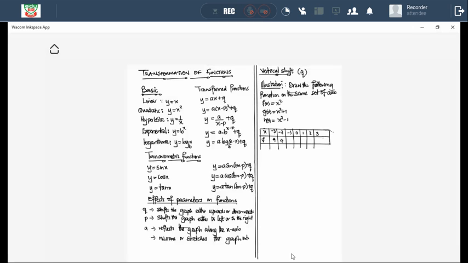Negative 1, put it where x squared is, in f you get 1. 0 is 0. 1 gives 1, 2 gives 4, and 3, substitute 3 there, you also get 9. So I'm now going to draw this graph.